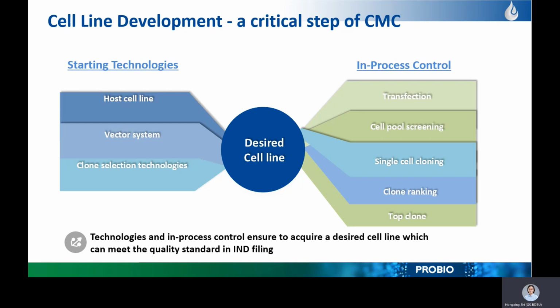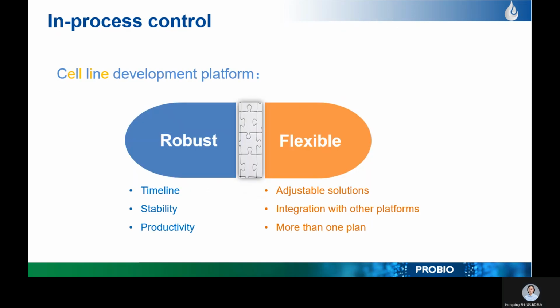The whole process needs to be well controlled to ensure the stage results of the final product. Such in-process control is a decisive factor for determining whether a cell line development platform is robust enough and flexible enough. Although these terms are actually used to describe such things as cell culture process and purification process, they are also very appropriate for cell line development.